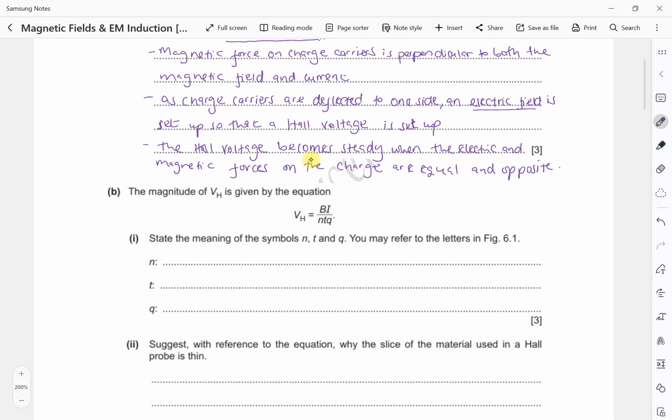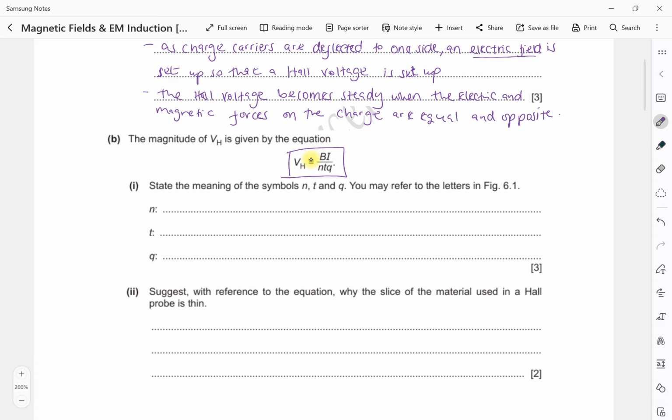The magnitude of VH is given by the equation. Sometimes this equation is not given. State the meaning of the symbols N, T, and Q. You may refer to the letters in the figure. So N is the number of free electrons per unit volume, or the number density of charge carriers.